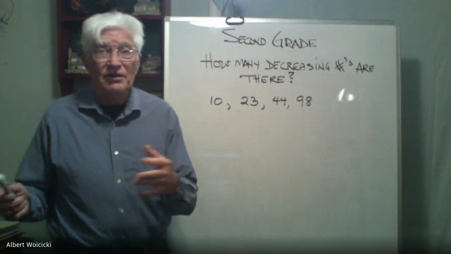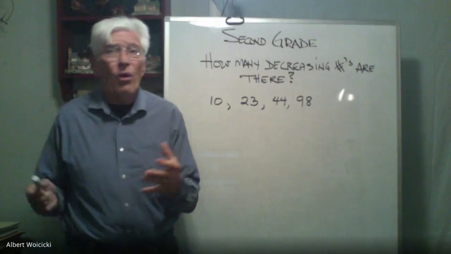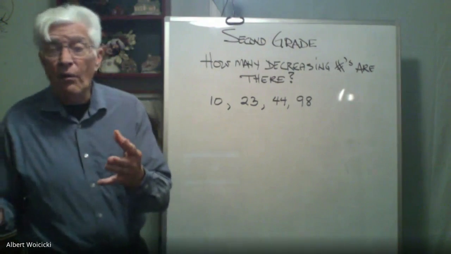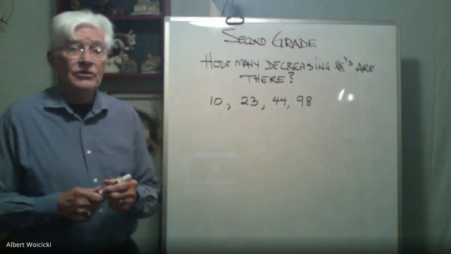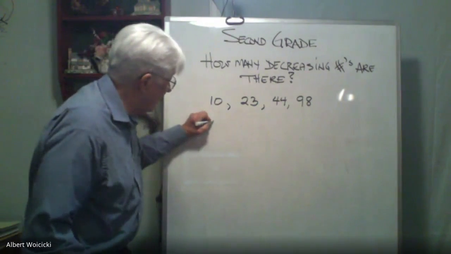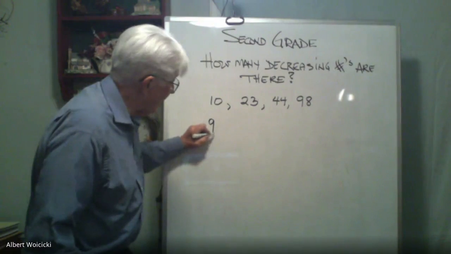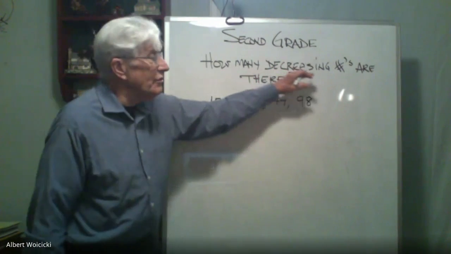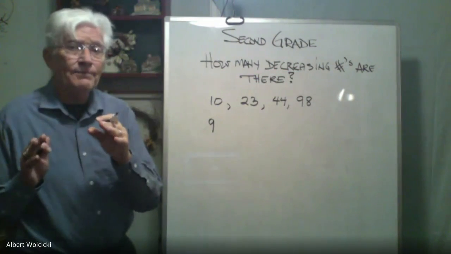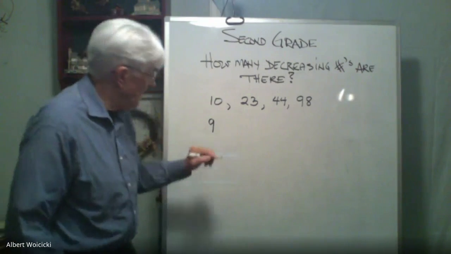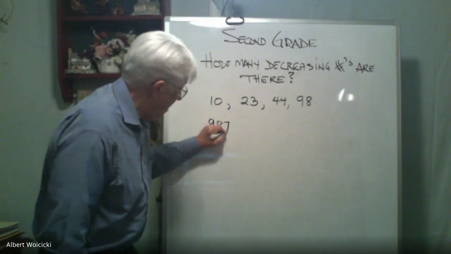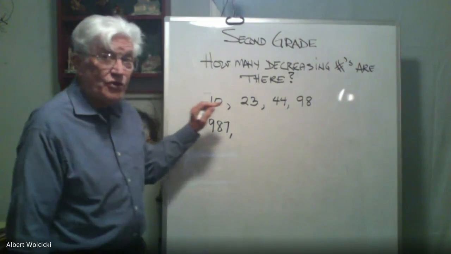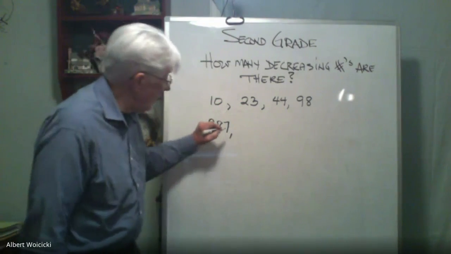Someone might say, well, there's an infinite amount. But no, we can't be because we only have 10 digits. So our largest one would be 9. And remember the word decreasing. So what does that mean? It means that every digit in the number, going from left to right, is decreasing.